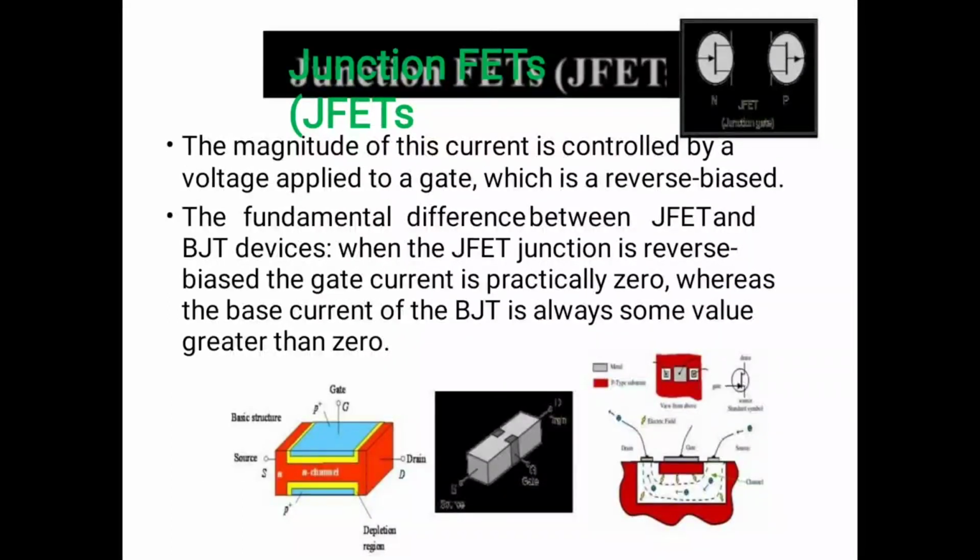The magnitude of this current is controlled by the voltage applied to the gate, which is reverse biased. This is the fundamental difference between JFET and BJT devices. When the JFET junction is reverse biased, the gate current is practically zero, whereas the base current of a BJT is always greater than zero.